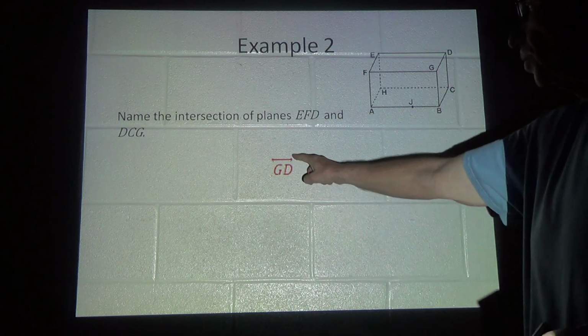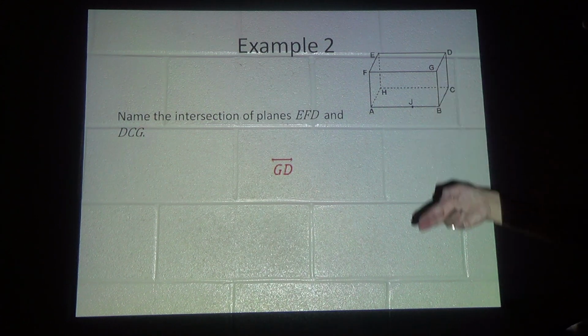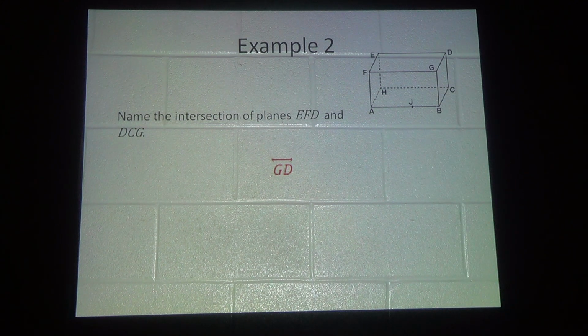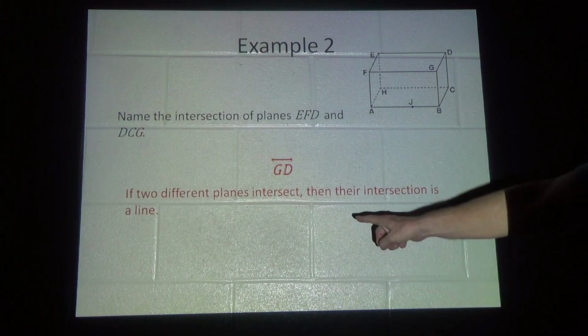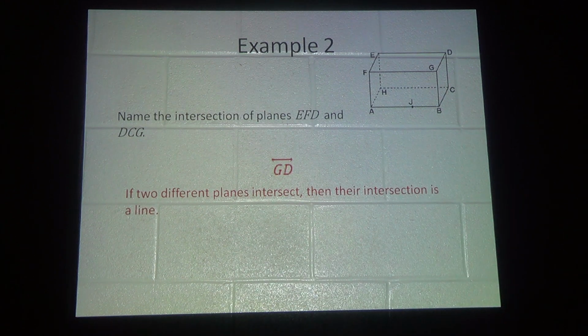Notice that you need to put the arrow drawn going in both directions, because it's more than a line segment, because the plane extends out and the line extends out both. If 2 different planes intersect, then their intersection is a line. That's the postulate that's being used here.